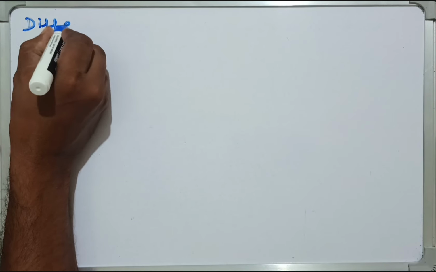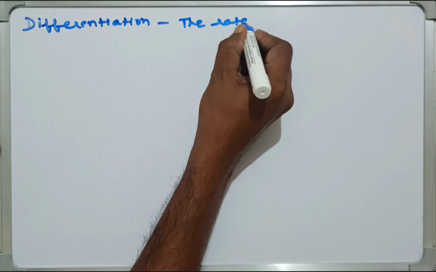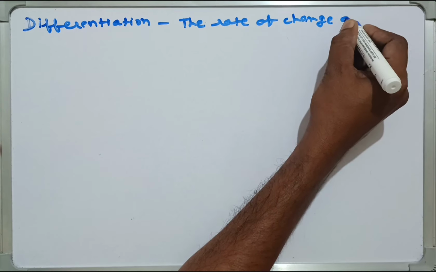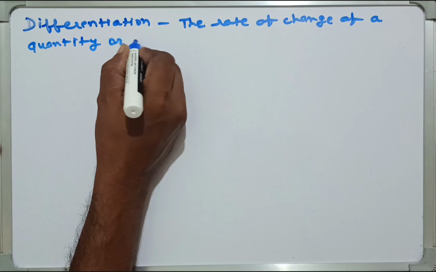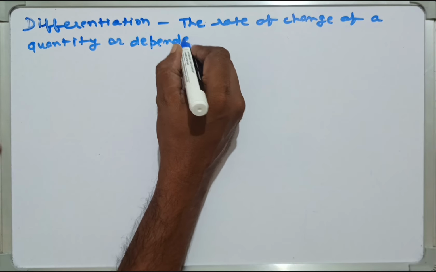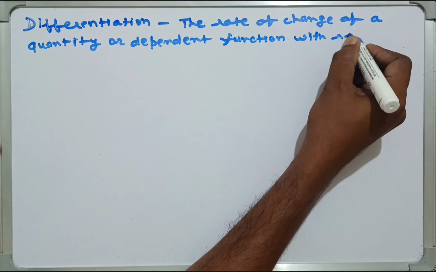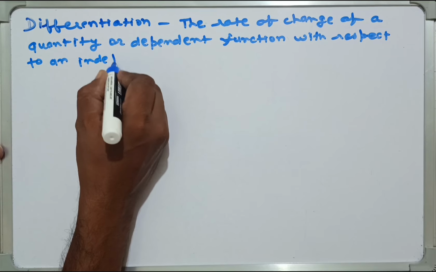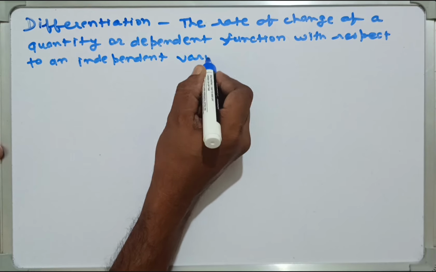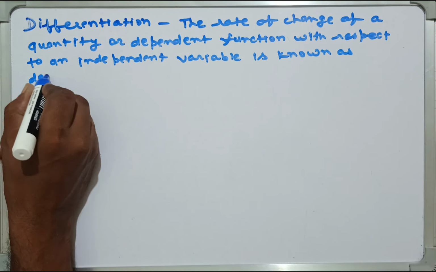Now the definition of differentiation. The rate of change of a quantity or dependent function with respect to an independent variable is known as the derivative.